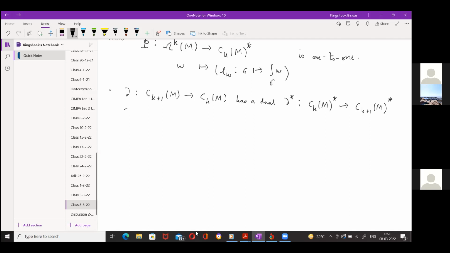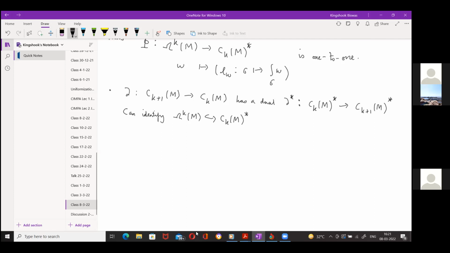So now we can identify Omega^k(M) with a subspace of C_k(M) star, right?